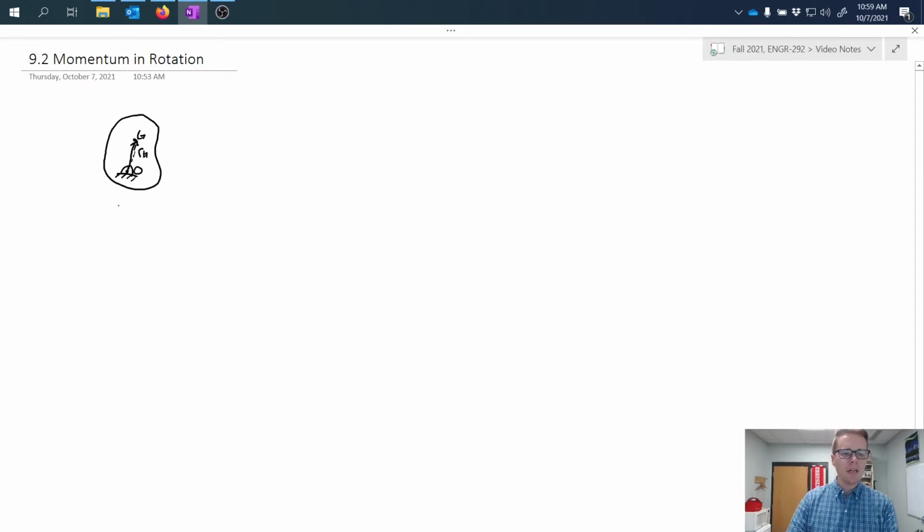Now, because this is fixed axis rotation, where we have some angular velocity, we know that the velocity of G has to be perpendicular to the vector R, so we'll call that V sub G, and we know that there's a relationship there between the two.